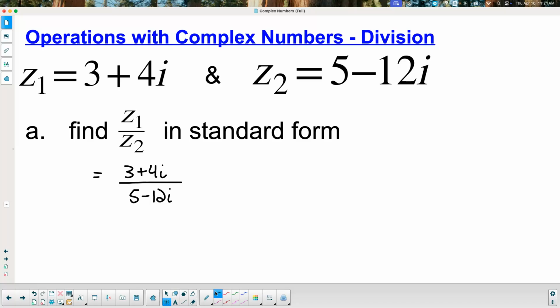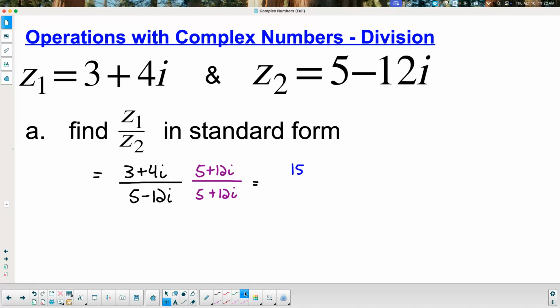So what am I going to multiply by to get rid of the i in the basement? Over 5 plus 12i? Right? Okay.